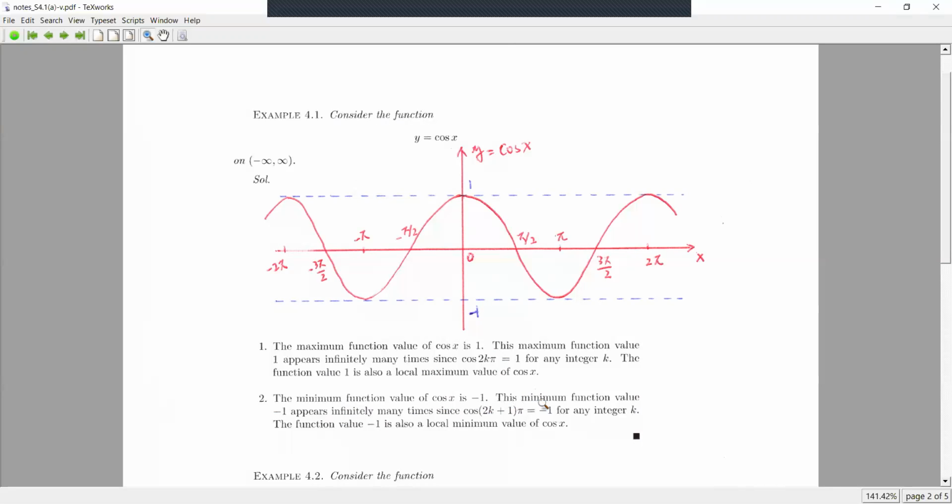Again, -1 occurs infinitely many times because cosine of pi is -1, cosine of -pi is -1, cosine of 3 pi is -1. So -1 occurs many, many times.